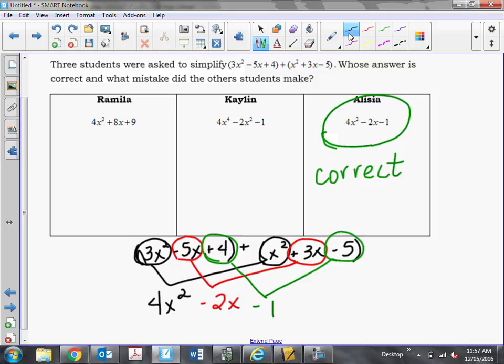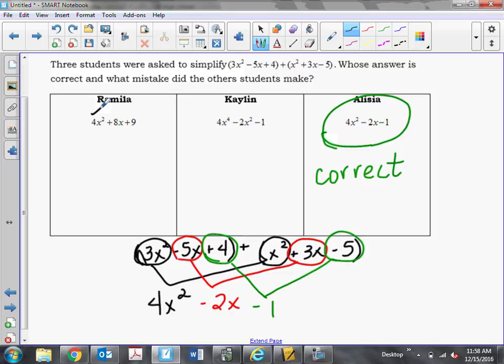So let's take a look at Ramilla. I see that she got the 4x squared right. So I know that she did that part right. But how in the world did she get an 8x? And how in the world did she get a 9? Well, she got the 8x and the 9 because she did not look at the actual signs.